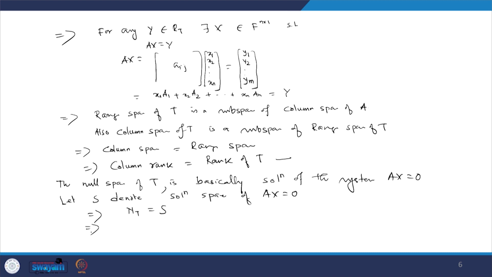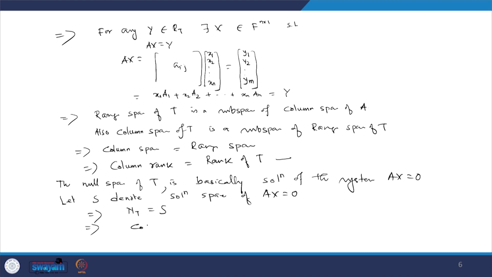So, this implies, by the previous theorem, which is also the rank-nullity theorem, that rank of T plus nullity of T equals the dimension of the space V, please.